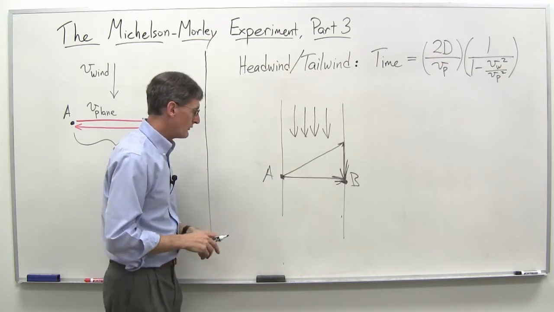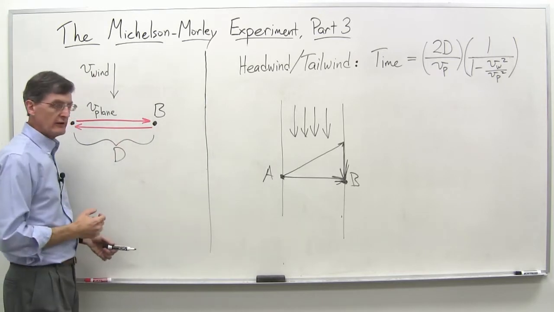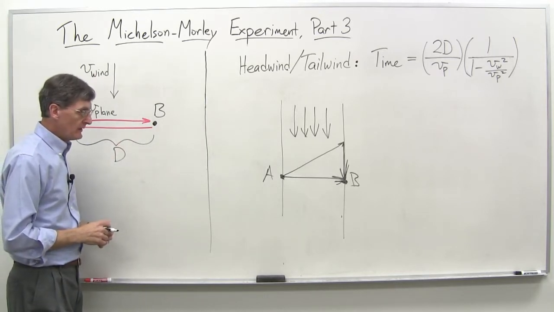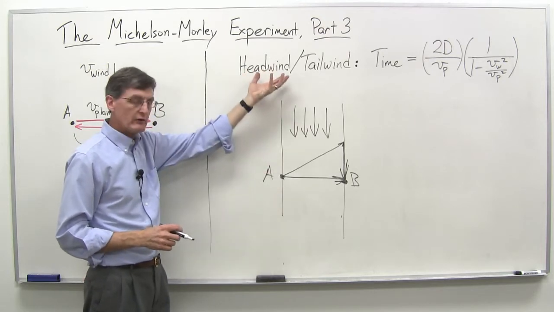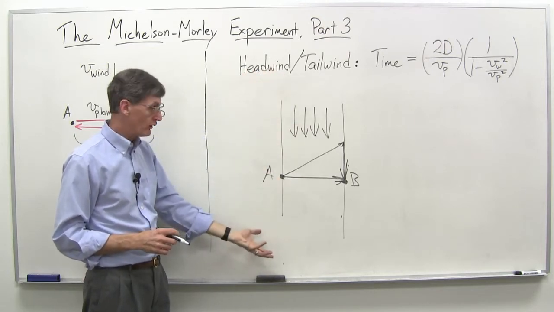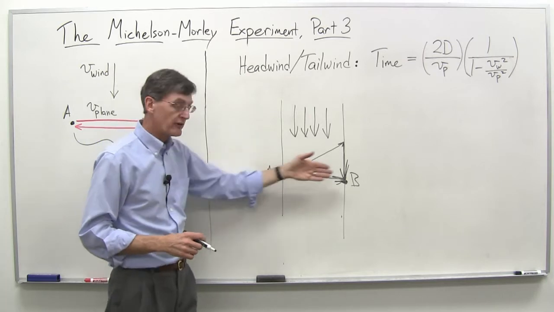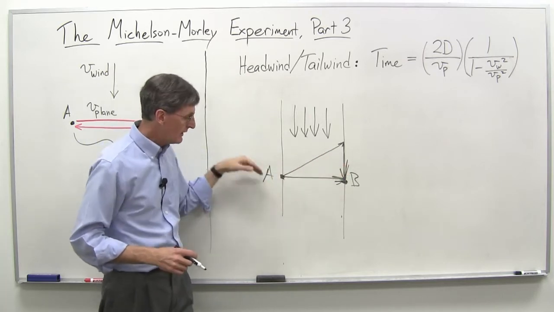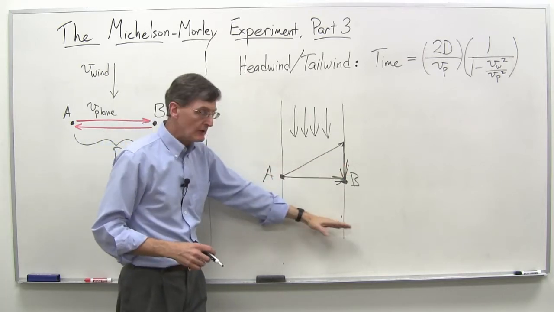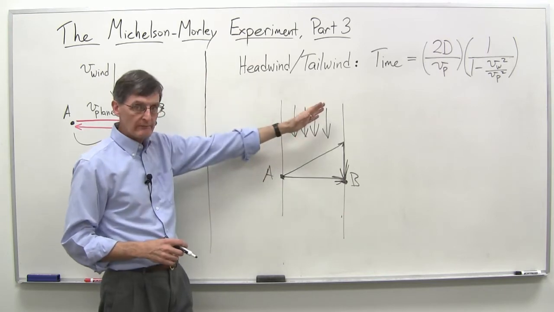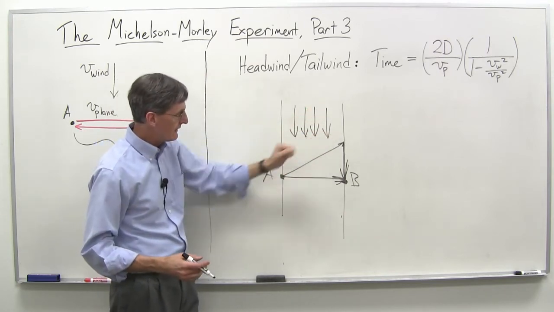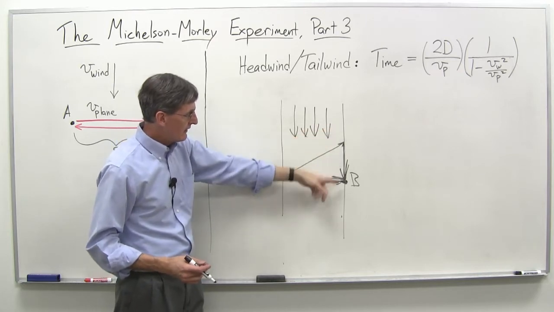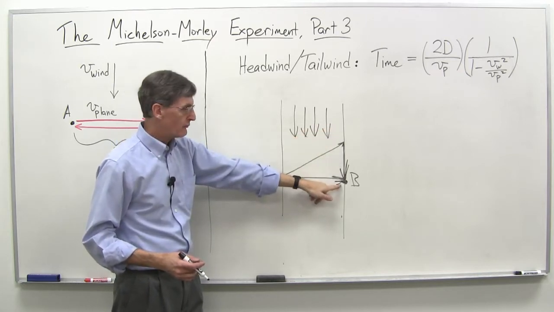And that's exactly what the analysis is here with the plane: instead of the water current, it's the wind that's pushing the plane off course, so that if it tried to just go straight across in a straight heading from A to B, it'd end up off course down here. So instead it has to head into the wind at a certain angle, which fortunately we don't have to worry about, but head into the wind at an angle such that it ends up at B where it's supposed to be.